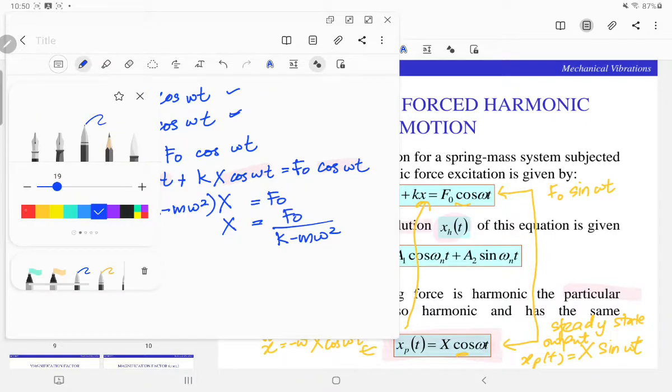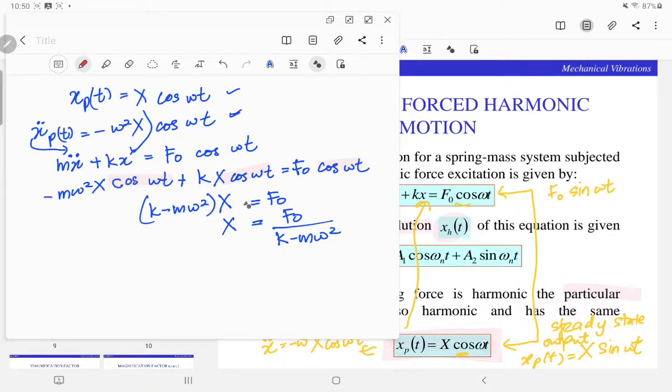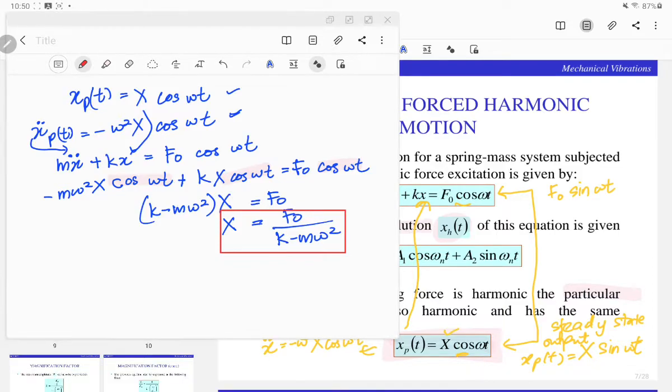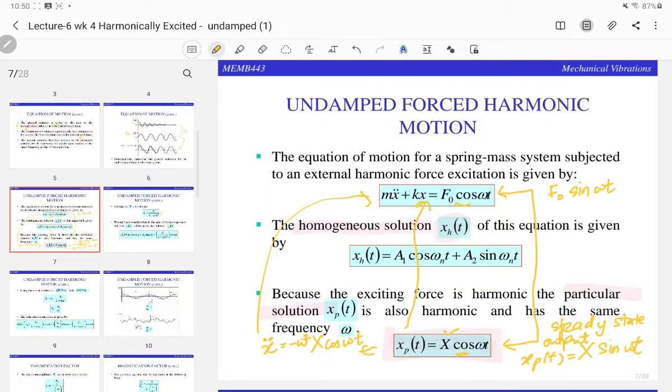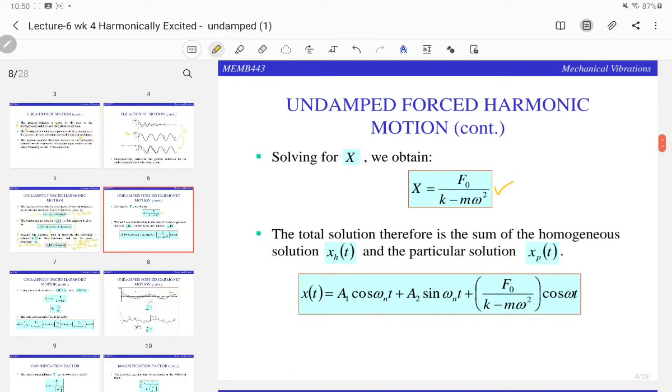Okay, so basically this is the expression that you can use to solve for your x. That is how you get this equation.